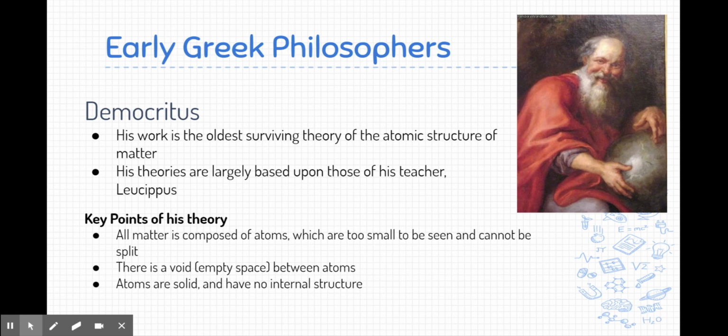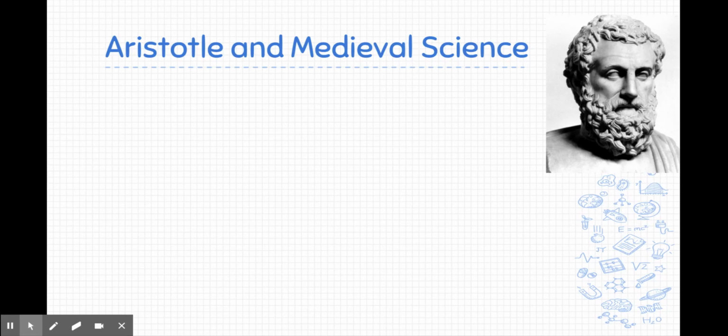His work and his influence, though, did not last long. As revolutionary as Democritus's theory was, it didn't last long because after Democritus, Greek philosophy really took hold, and along came Socrates, Plato, and Aristotle, the big three of Greek philosophy.